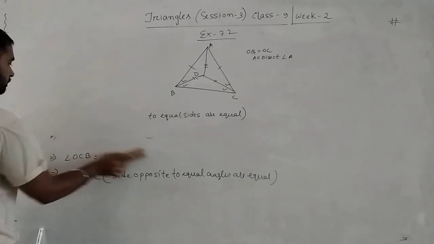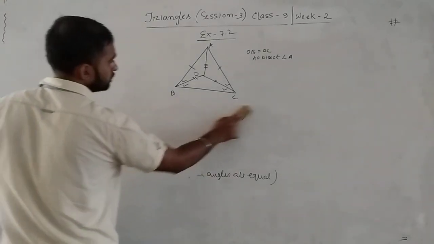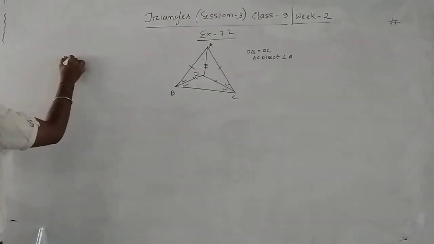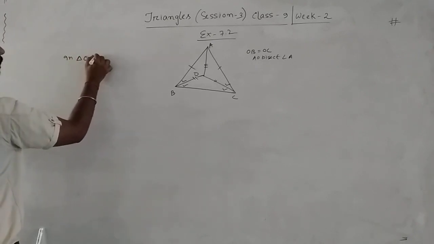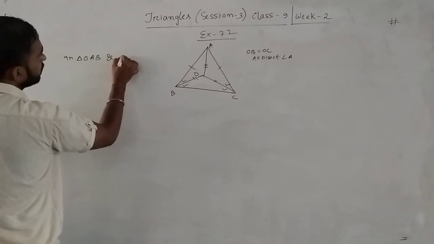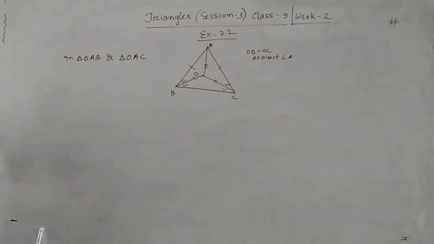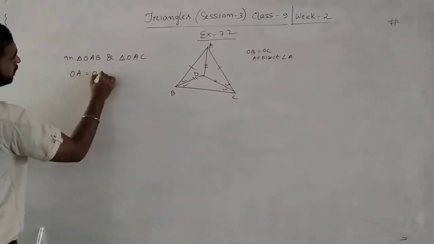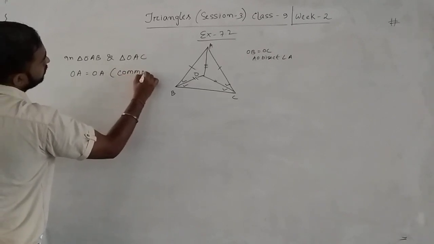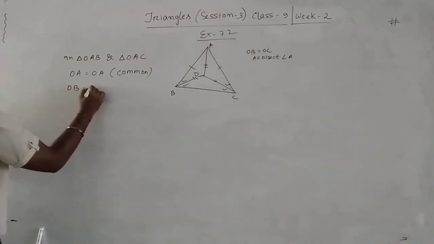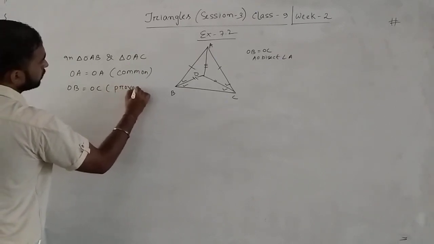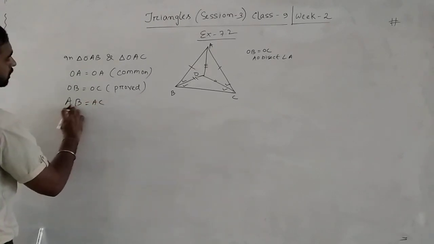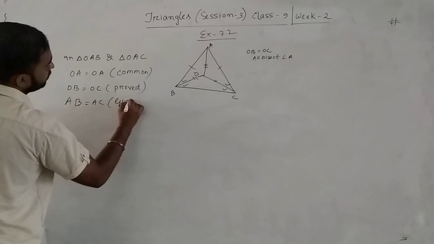Now in triangle OAB and triangle OAC, OA equal to OA, common; OB equal to OC, proved; AB equal to AC, given.